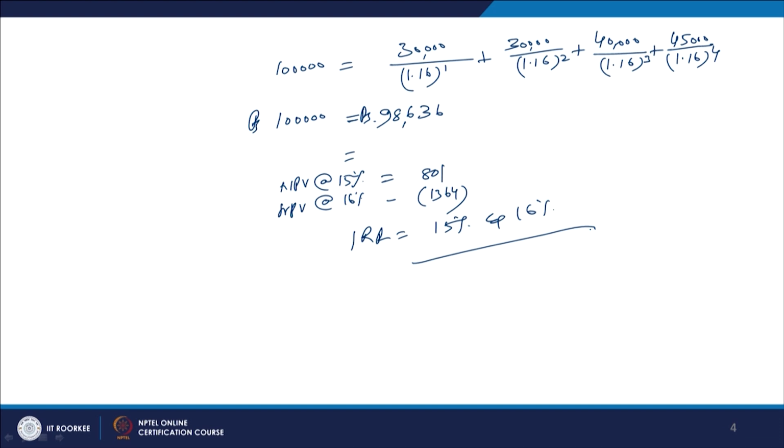Now, how can we find this out? We have a process for this. The first step is to calculate NPV at different discount rates, which we have already calculated: at one it was 801, in the second case it was 1364 and that was negative.